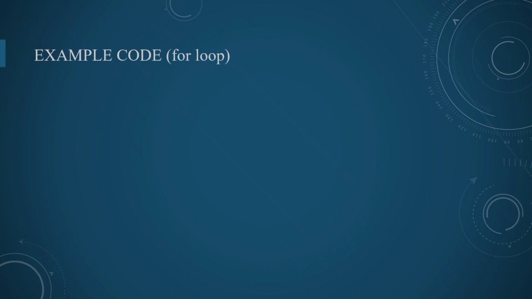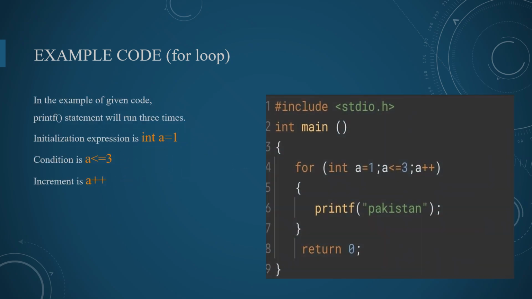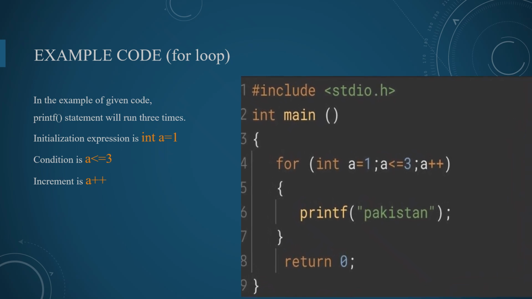Now here is an example of a for loop. In this example, you can see that the printf statement is used only once in this program. But because of the for loop, this printf statement will be executed multiple times. You can see that in initialization, we have initialized a variable of integer type with 1, and the condition mentioned here is a <= 3.